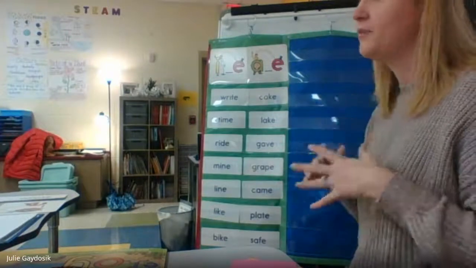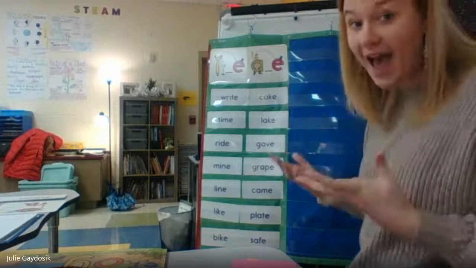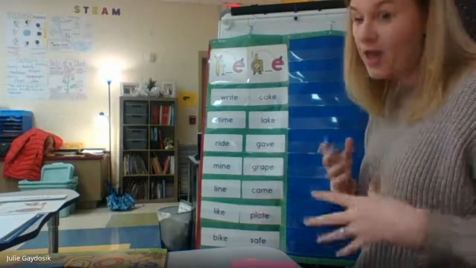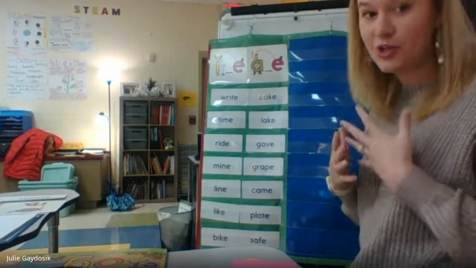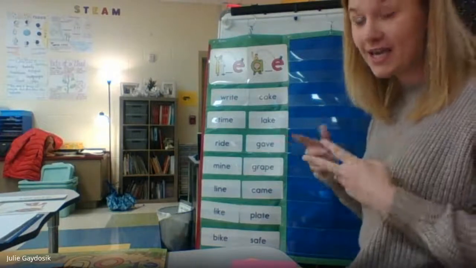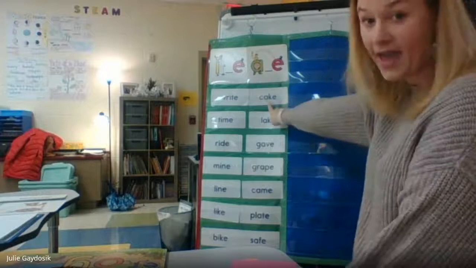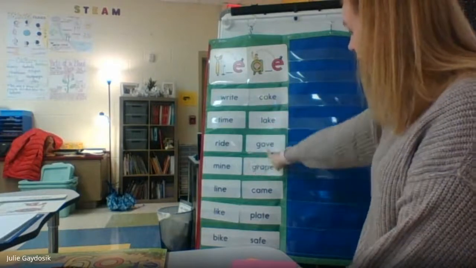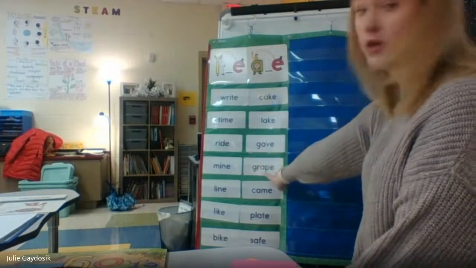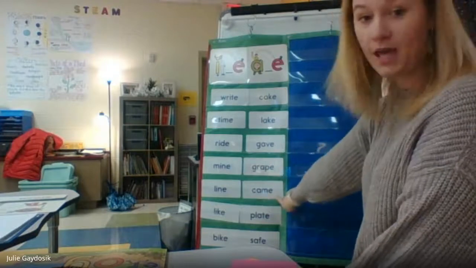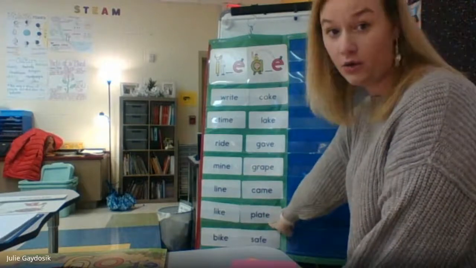So for Annie Apple, which usually says ah, E would make it say A. For Impy Inkman, which usually says I, the E at the end would make it say I, right? So words like cake, lake, gave, grape, came, and plate, okay?